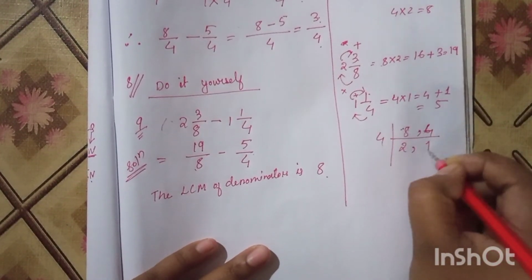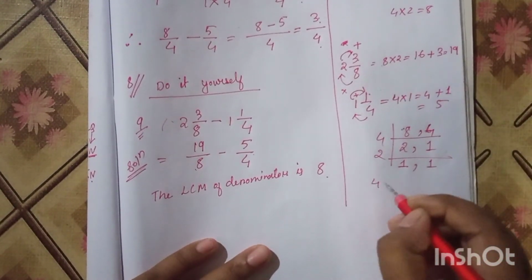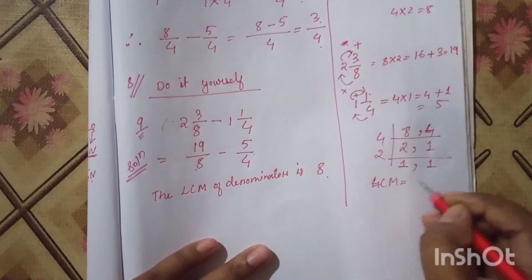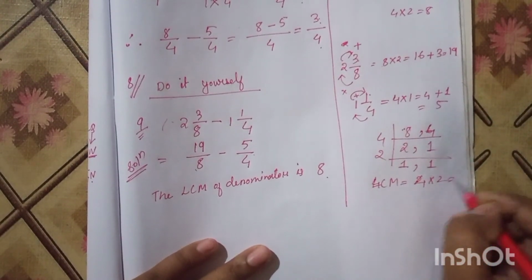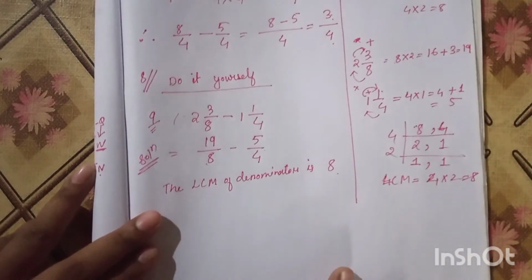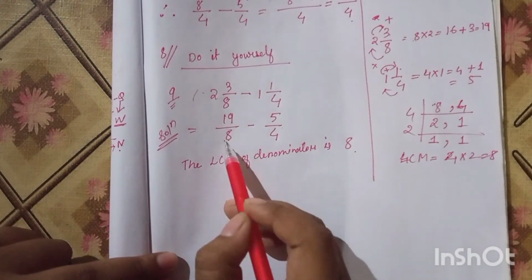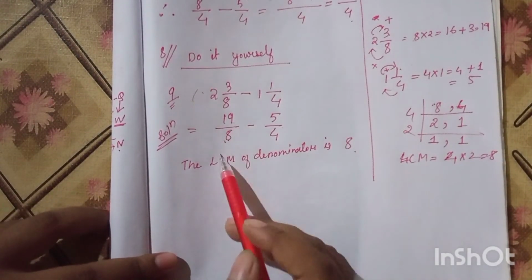4 2s are 8, 4 1s are 4, 2 1s are 2. So here look, I told you, the bigger number, 4 2s are 8. So the LCM is 8. It is already with denominator 8, so no need to convert.